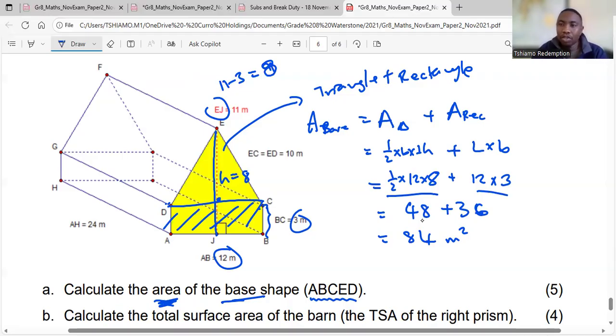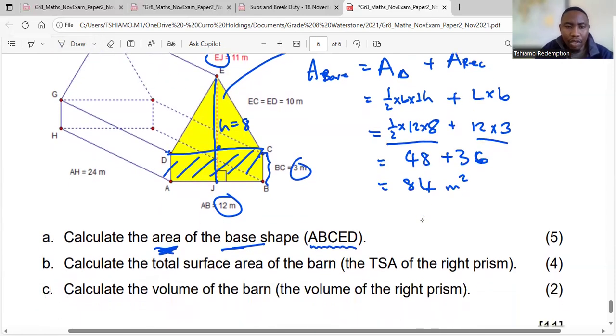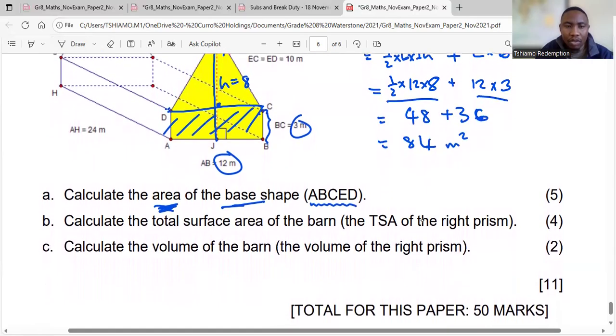Nice, beautiful question. Okay. Moving along. Now the question says calculate the total surface area of the barn. The total surface area. Remember, how do we do total surface area? We add all the faces together.